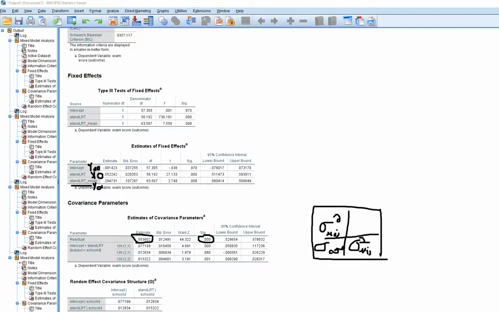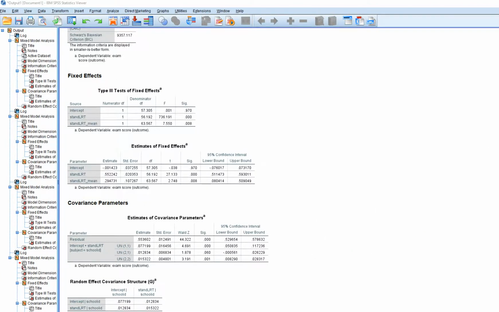So there you go, that's why it looks like this. So in terms of these estimates, the variance of the intercepts is still statistically significant. The variance of the slopes is still statistically significant. And there's actually significant covariation between the intercepts and slopes in the model. So there you go.